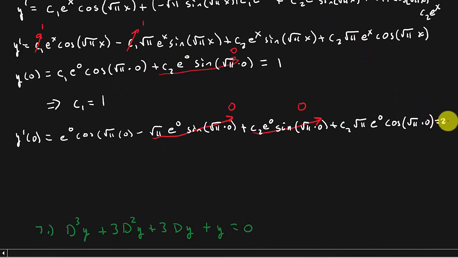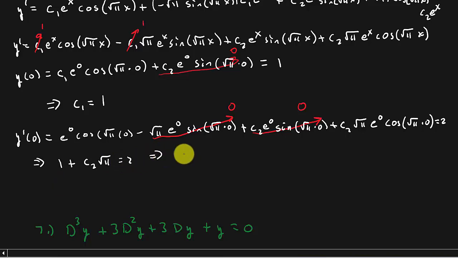And so this tells us that, let's see, that's 1, that's going to be 1 plus, and then that's going to be C2, that's 1, so that's going to be plus C2 square root of 11 equals 2.